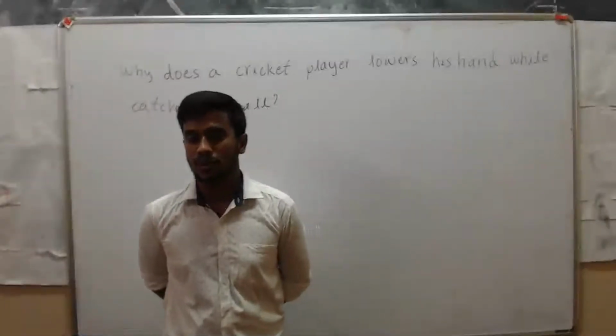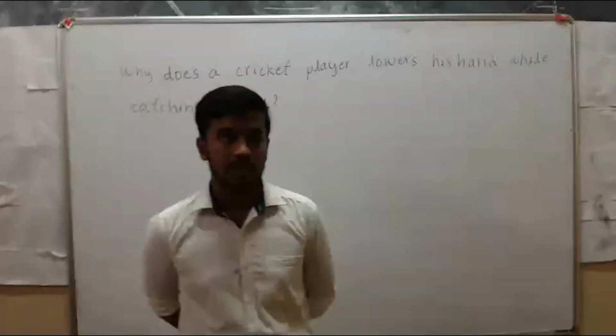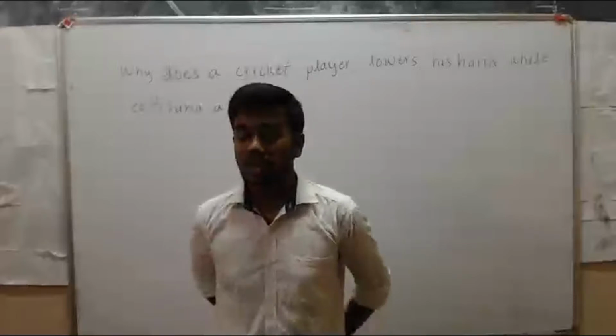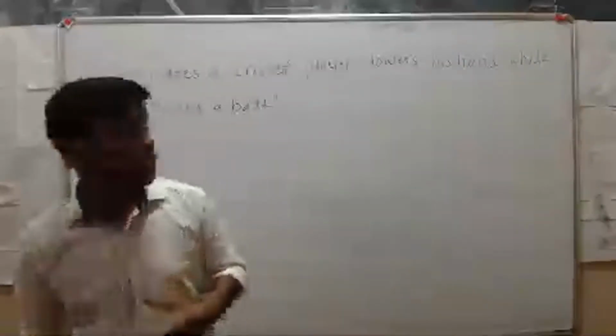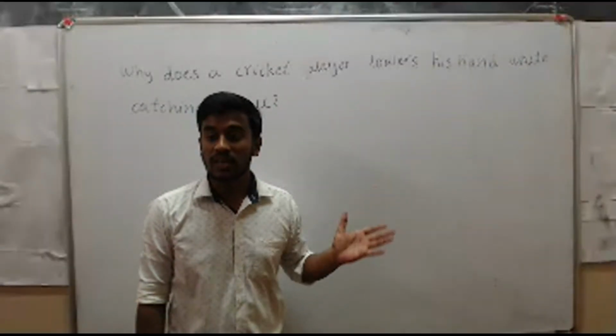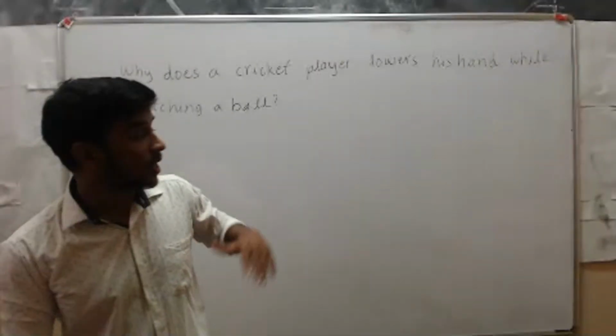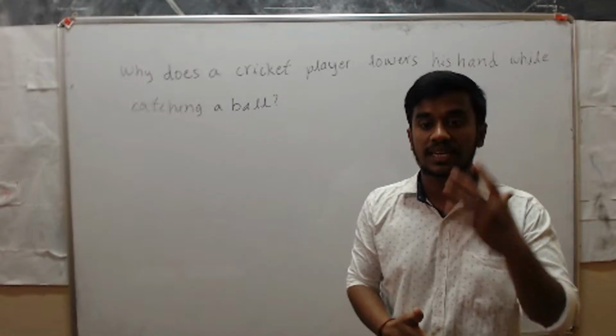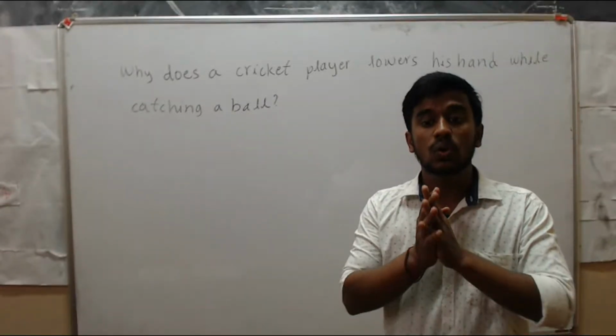So that's why it has more momentum. Here, that cricket player lowers his hand. Why? Because he is increasing the time. Why? To reduce the velocity of that ball slowly. He is increasing the time to reduce the velocity of the ball slowly.